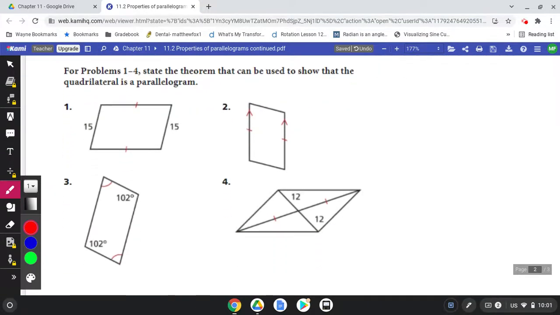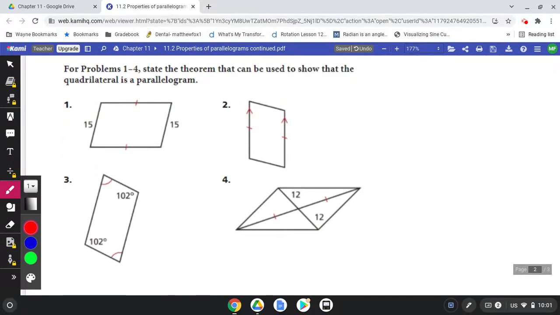All right. So now we have 4 different quadrilaterals here, and we want to know which of these theorems that we talked about shows that they are parallelograms. So if we look at this first one, these two opposite sides are marked with 15s. If they're both 15, we know they are congruent. Top and bottom are both marked with 1 mark, so we know those are congruent.